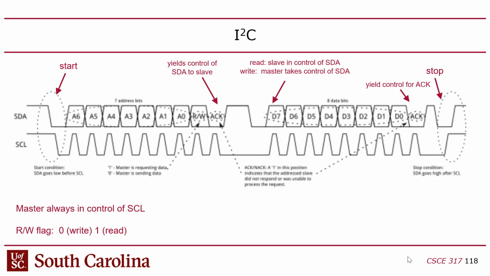One thing that's kind of cool about I2C is that the clock is controlled by the master, but remember that because of the open drain design, technically the slave could prevent the master from raising this.